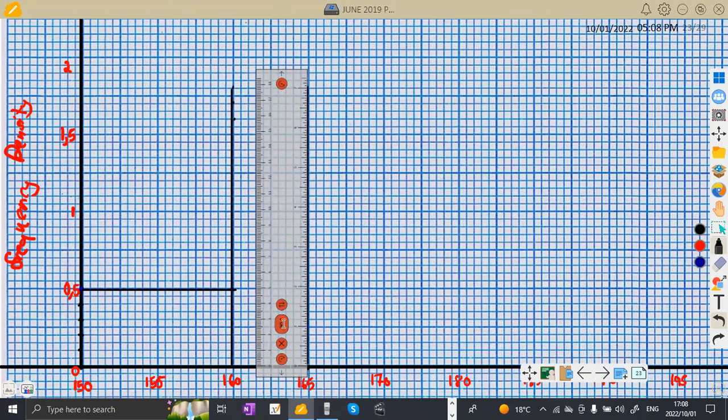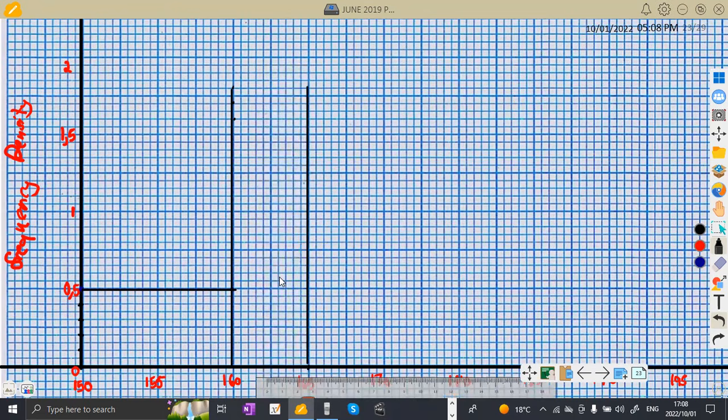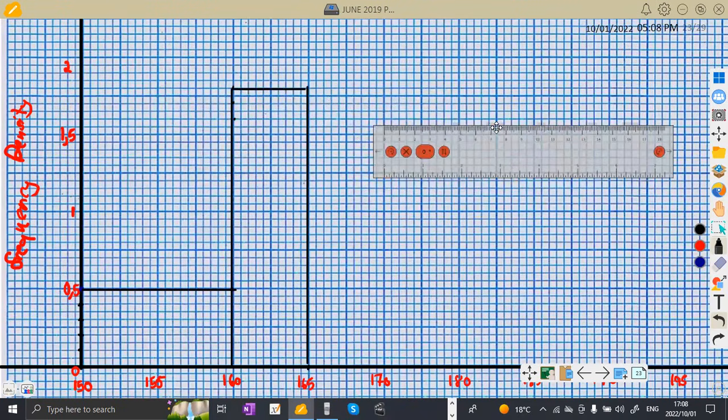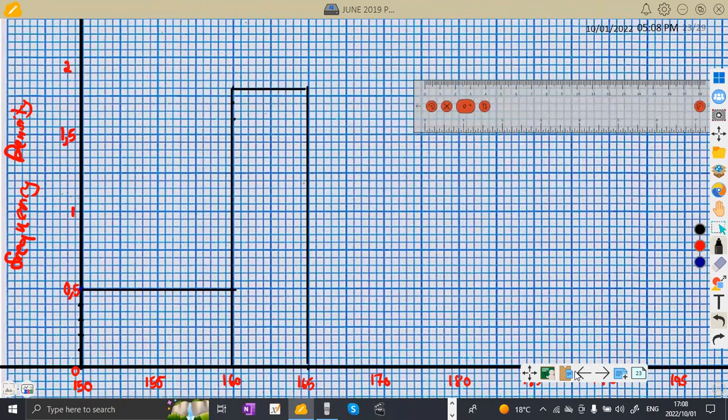All right, something like this. Then we can actually join the other part here. Okay, that's my ruler here. So you can join this part here. All right, so that's it. That's it, guys. Let's see the other class. So you just have to join these ones up to the last one.